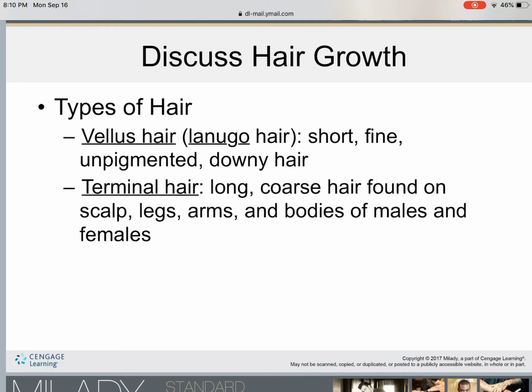So we talked about coarse. The texture of the hair, the degree of its coarseness or fineness, is determined by the size of the diameter of the hair. The larger the diameter, the coarser the hair is. So a generalization is extremely curly hair types tend to have a larger diameter, and thus would tend to be coarse hair.